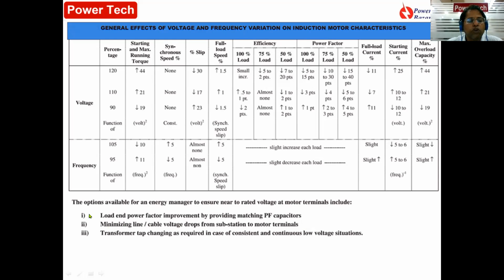This is another way of improving the voltage profile for the motor power supply. Then you can also increase the tap of the transformer so that a consistent, continuous low voltage can be avoided and you get a good voltage at the motor terminal. So these are the three ways by which we can improve the voltage at a motor terminal.